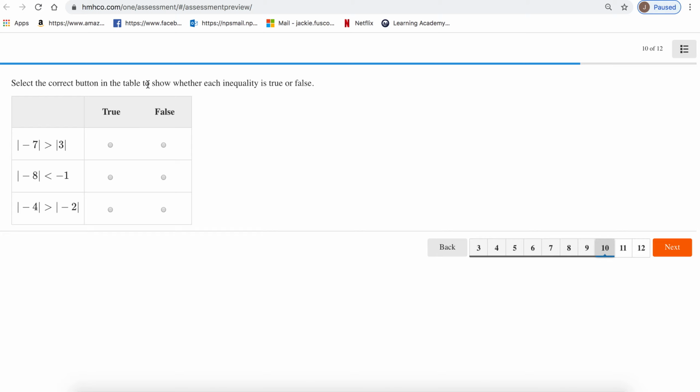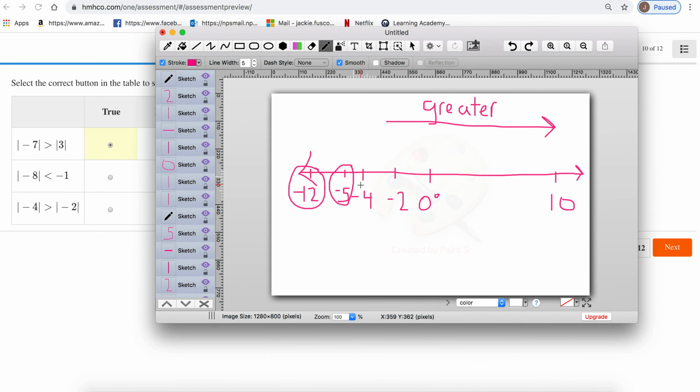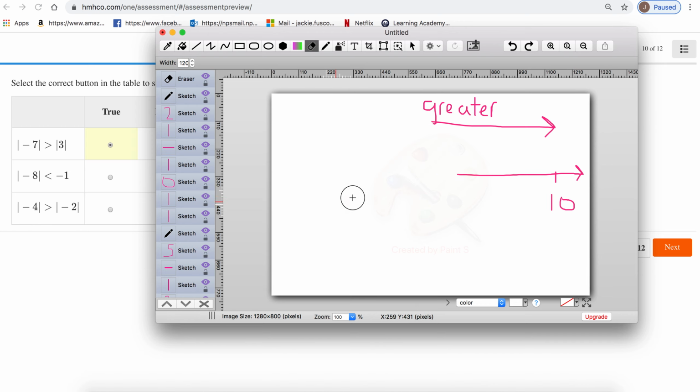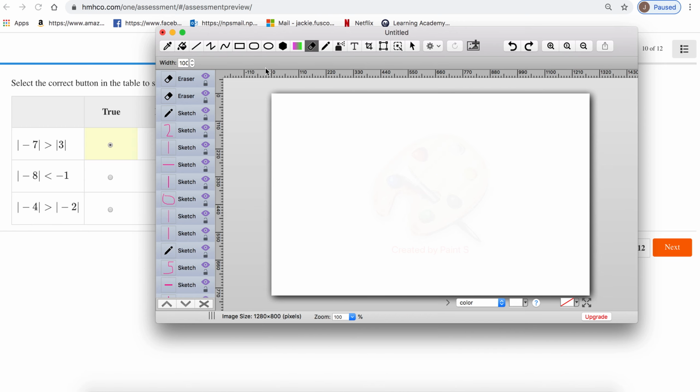Select the correct button in the table to show whether each inequality is true or false. So the absolute value of -7 is 7. So this is saying 7 is greater than 3. That is correct. Okay, let's look. Okay, so go back to drawing.